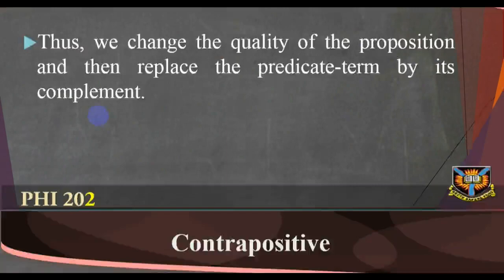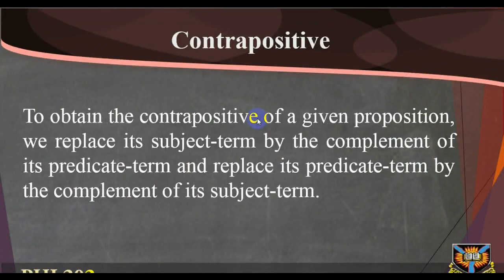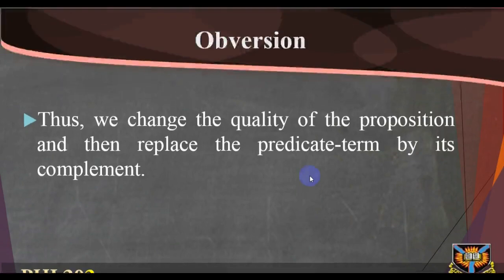To obtain the complement of a term, simply add the prefix non to it, or if the expression already contains non, then delete the non from the expression to obtain its complement. The obversion of the 4 categorical propositions will be as follows.